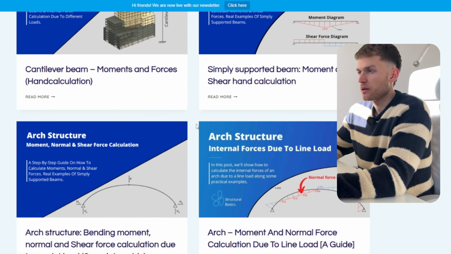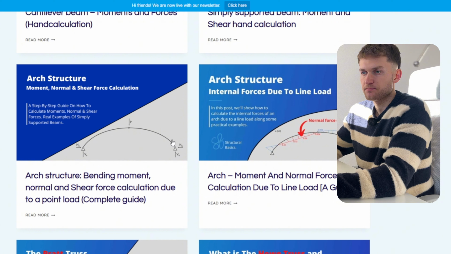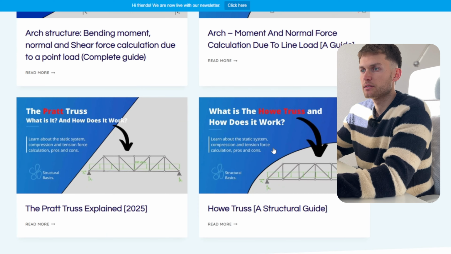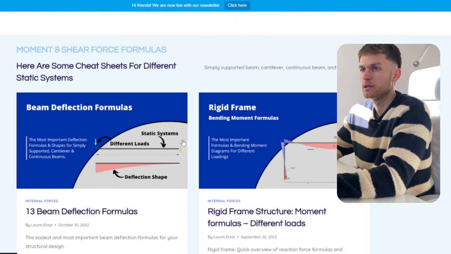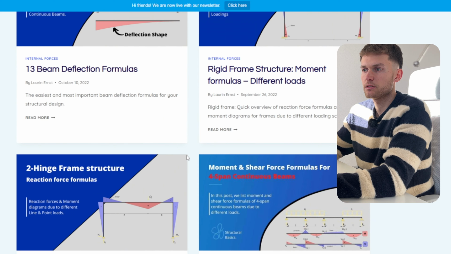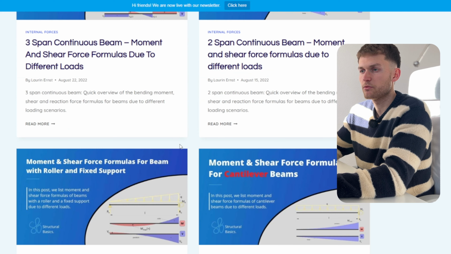Then, of course, we have a lot more articles, like arch structures, how you calculate bending moments of arch structures, and trusses. Then we have some cheat sheets like beam deflection formulas, rigid frame formulas, and continuous beam formulas.